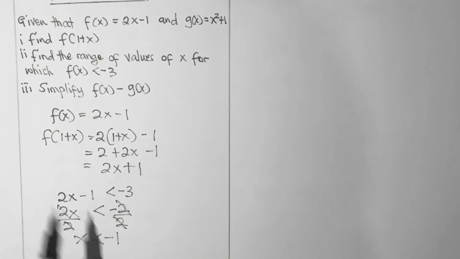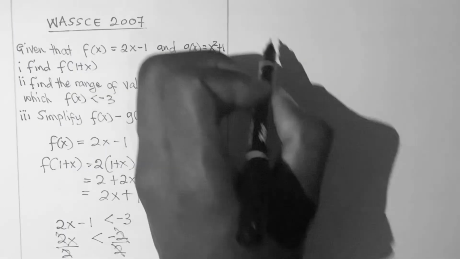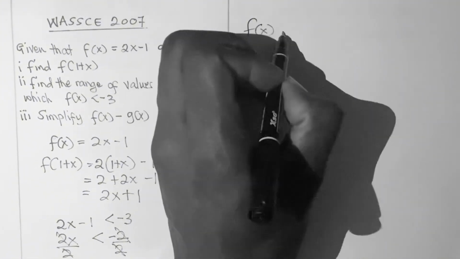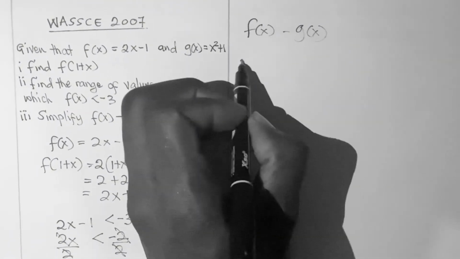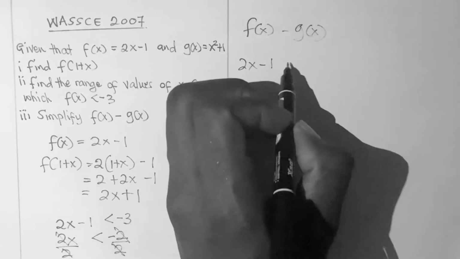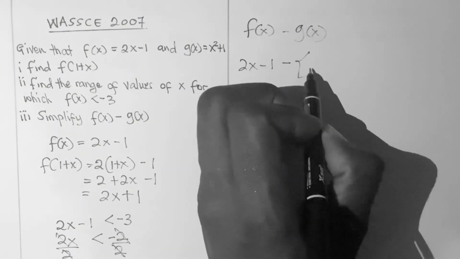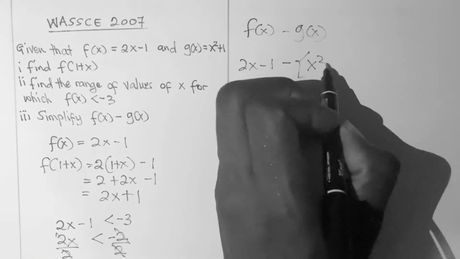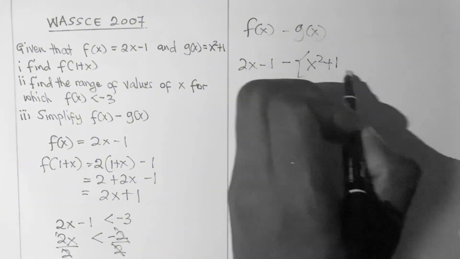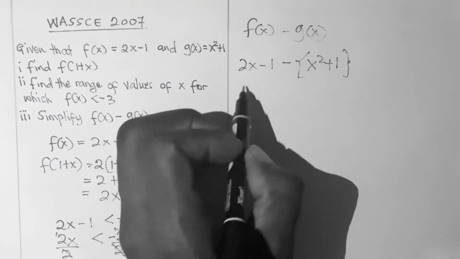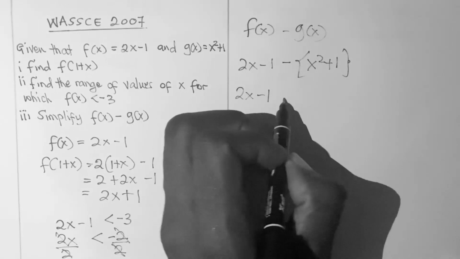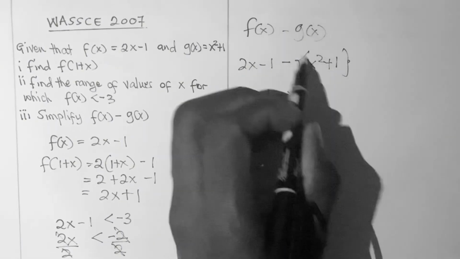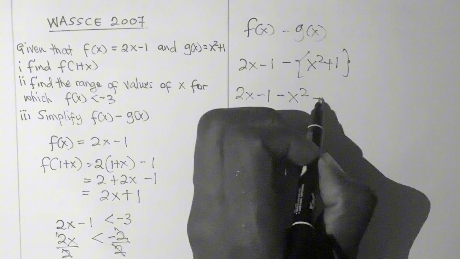Then the last part says we should simplify f of x minus g of x. Now, f of x is 2x minus 1. Then minus g of x, which is x squared plus 1. So we have 2x minus 1, then minus 1 times x squared is minus x squared, then minus 1 times 1 is minus 1.